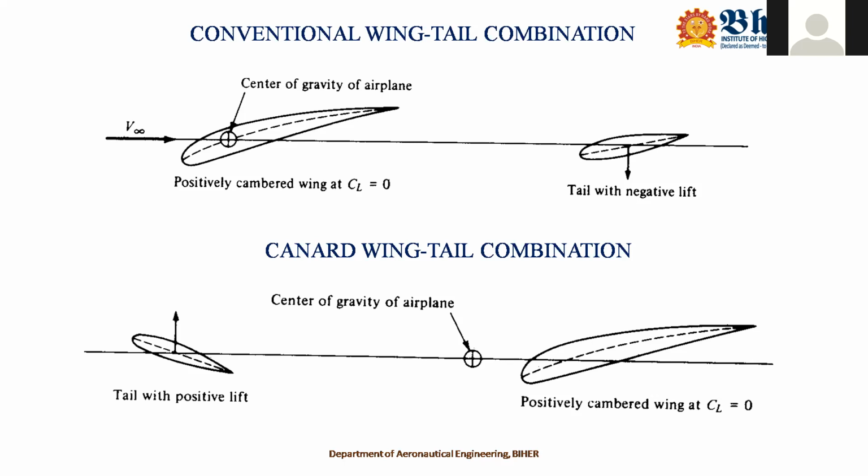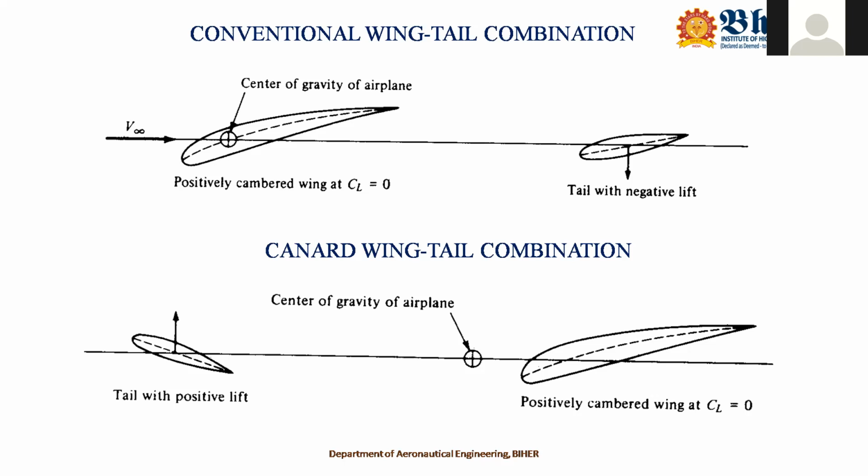Yes. When the tail is placed behind the wing and is deflected in the downward direction, it produces negative lift. When the negative lift is generated, it actually moves in the clockwise direction. When this moment, because of this negative lift, is strong enough to overcome the negative moment about the aerodynamic center, then you can get the positive value of Cm naught by the combination of the tail. See, look at this. Here it is in the negative direction.